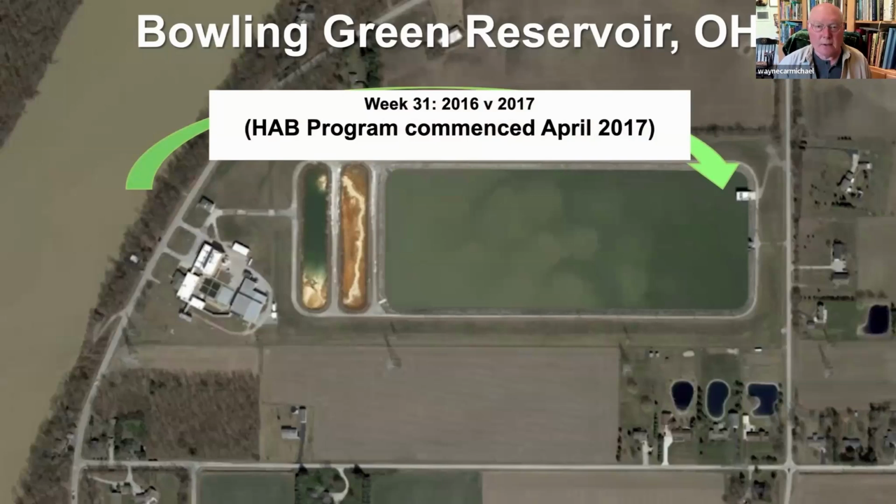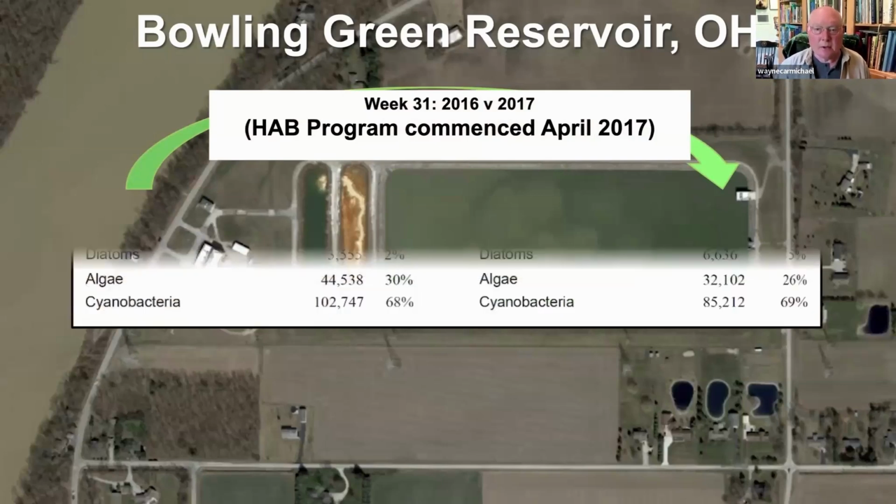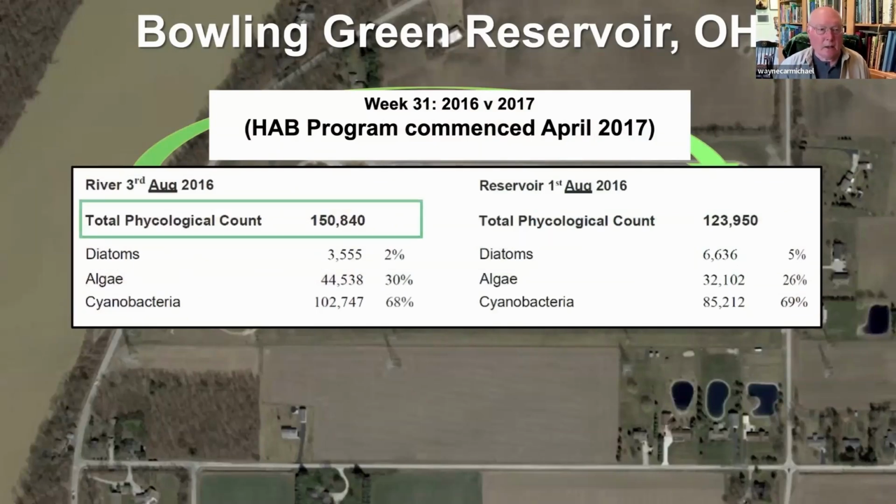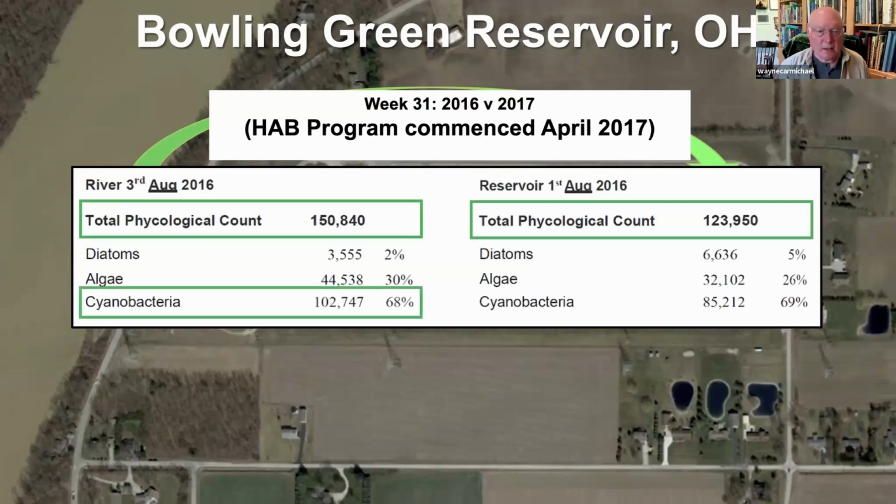So in 2016 versus 2017, I'll show you the results. The program commenced April of 2017. In August of 2016, the phytoplankton and the phycological count was 150,000 in the river, and in the reservoir, 124,000. 68% of that was cyanobacteria in the river, and 69% of that was cyanobacteria in the reservoir.